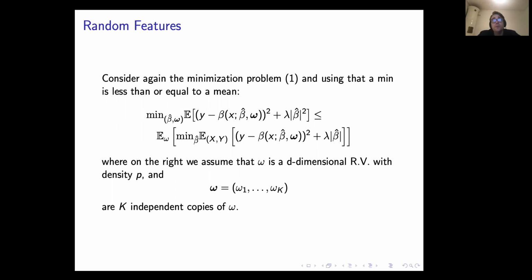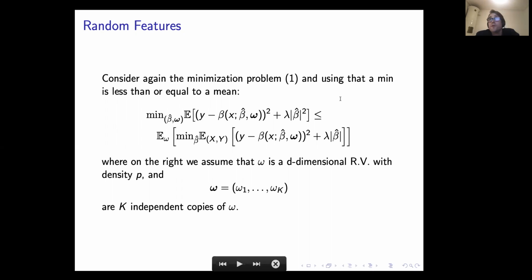That means you can look at the expected value of this with respect to omega, and you would expect to get something slightly worse than if you optimize with respect to omega.